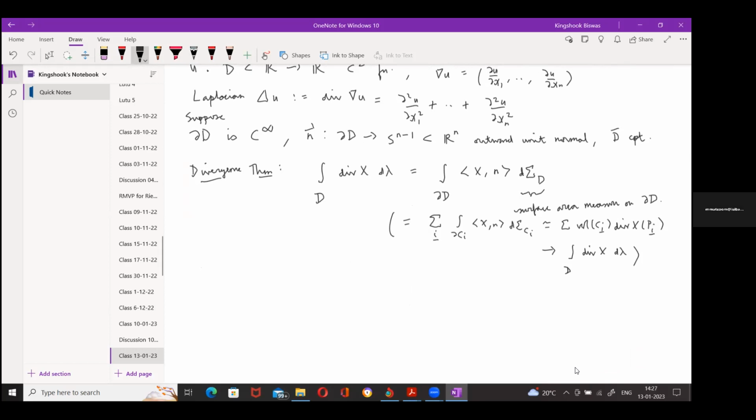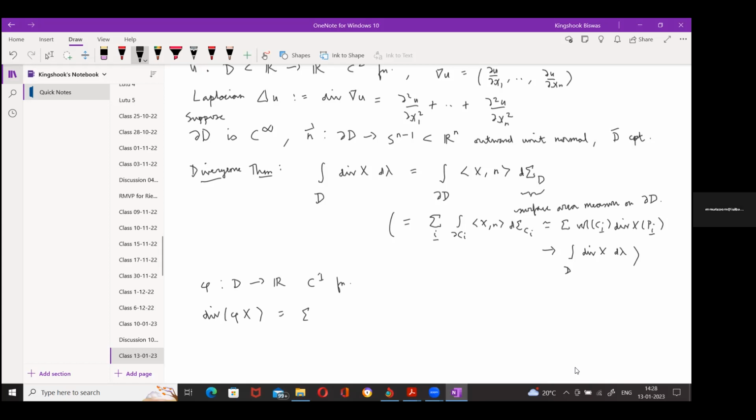Well, let me just do one formula about the divergence. So if phi is a C1 function, then what will be the divergence of phi times the vector field X?